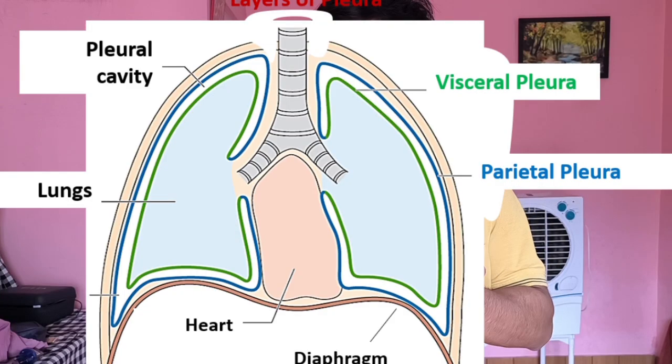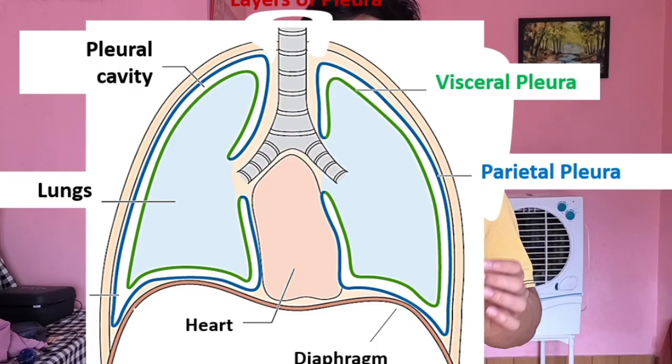So friends, again please see this diagram. With the help of this diagram I am going to explain the layers of pleura. You can see that there are two layers of pleura, the visceral layer and the parietal layer. In this diagram, the layer shown in green color is the visceral layer.